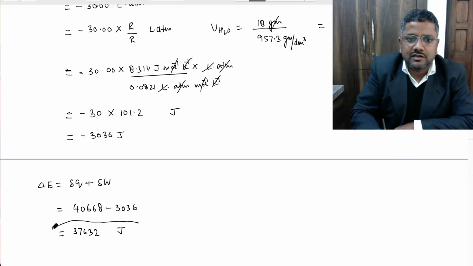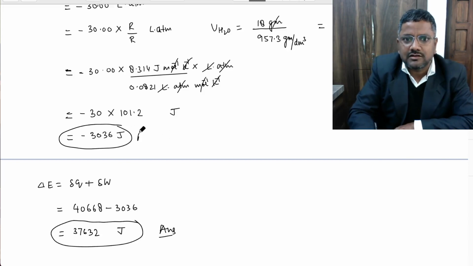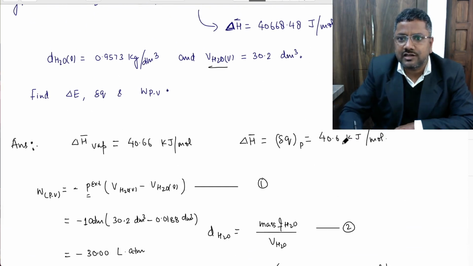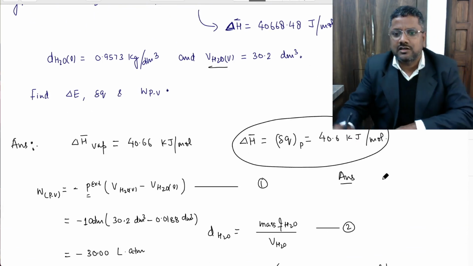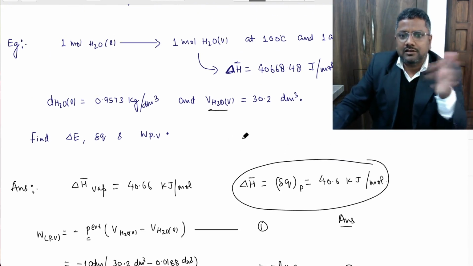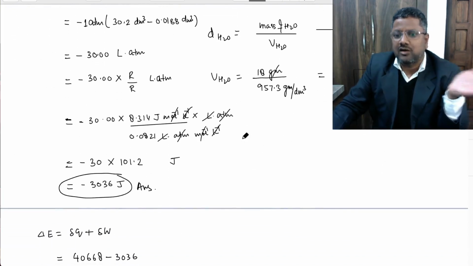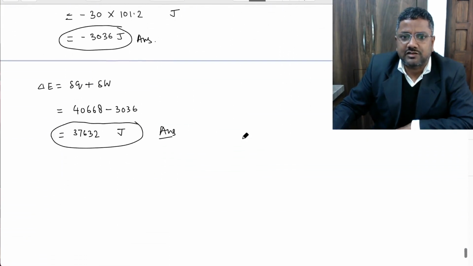So this is the delta E, and this is the work, and this is delta H and delta Q, right? So we have calculated all the parameters for this evaporation of 1 mole of water at 100 degrees Celsius and 1 atm pressure, right?